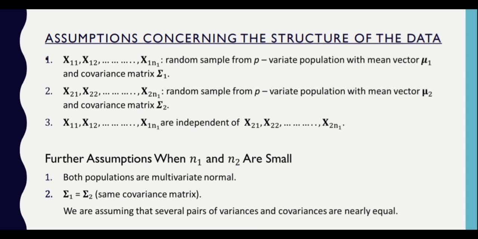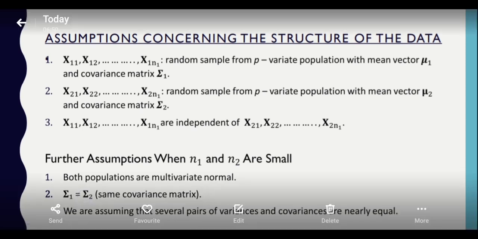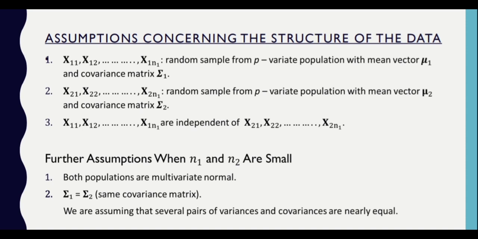And then the covariance matrix will be the same. Big sigma 1 and big sigma 2 are equal. They will have the common covariance. Later when we look at it, we will denote it as just big sigma because big sigma 1 and big sigma 2 are equal.